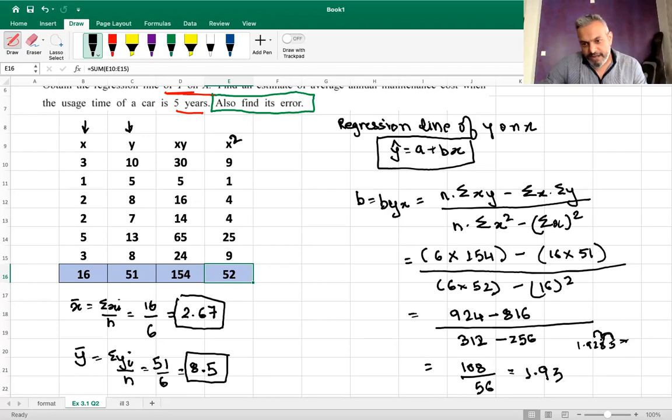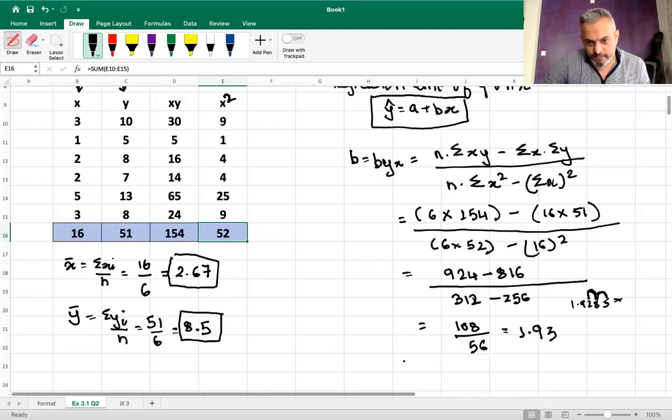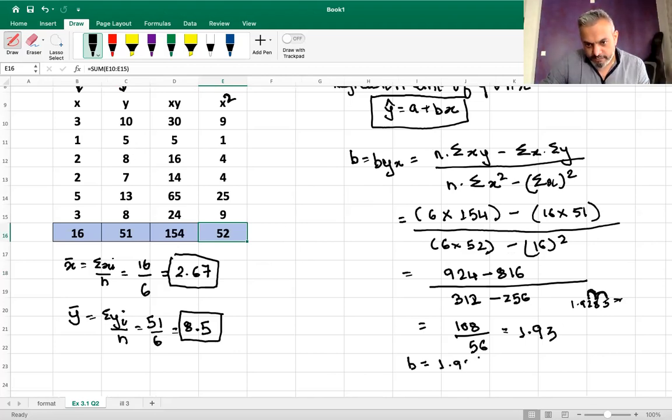So 8 will become 9 and 2 will become 3. So 1.93. So B is equal to 1.93.